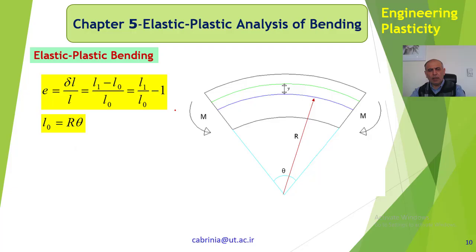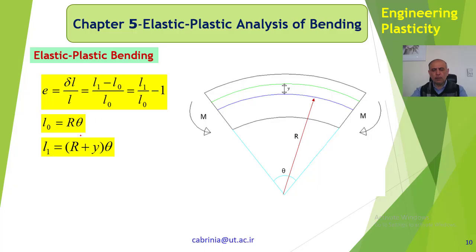Okay, and L1 is equal to (r plus y) times theta, because the radius of this green part is r plus y, and times theta gives us that arc.